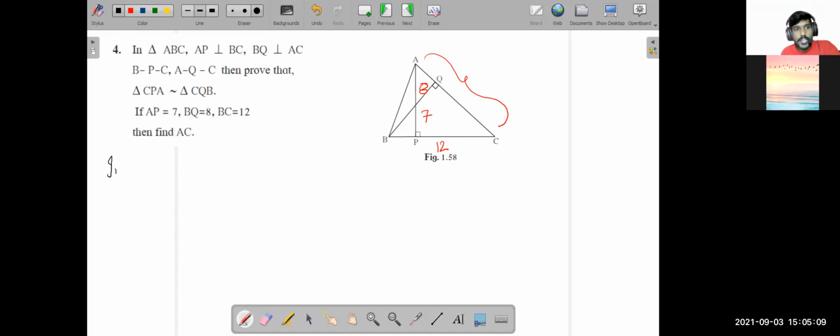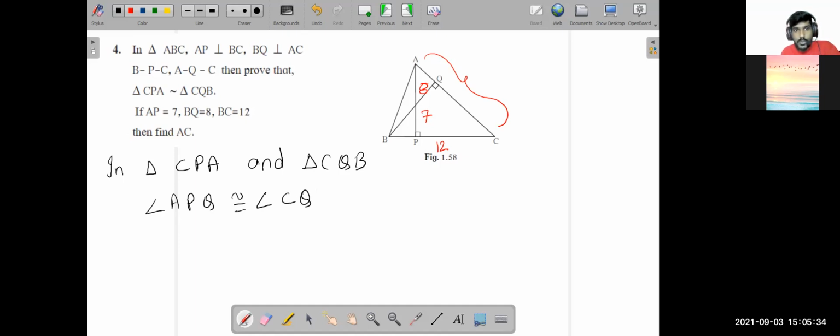So you look in triangle CPA and in triangle CQB. Okay, first thing you can see that is angle P and Q. Angle APC is congruent to angle CQB. And what reason will you give here?